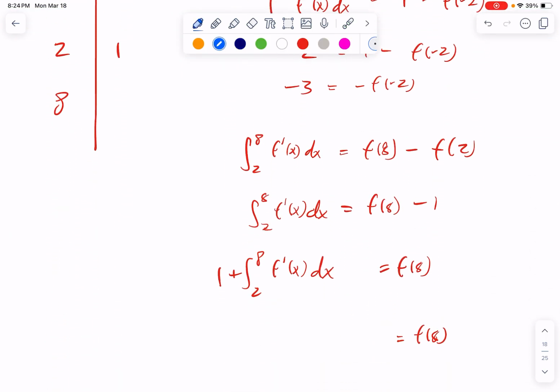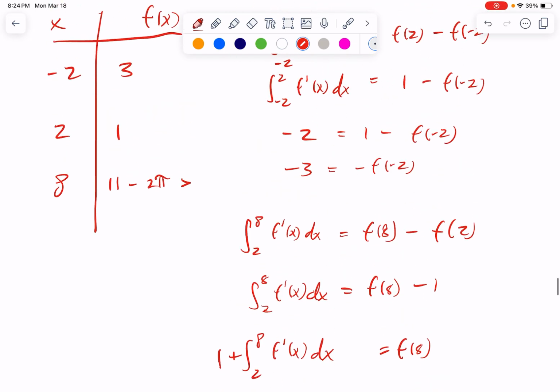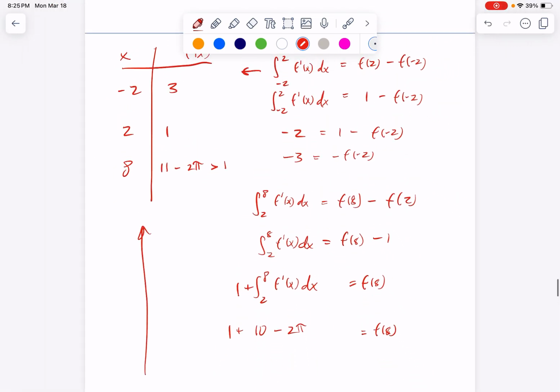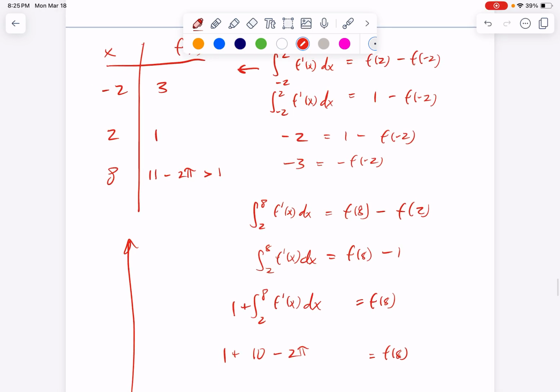I know I'm doing this maybe not in the best way. So f of 8 is 11 minus 2 pi, which even with a rough estimate is bigger than 1. Because remember, we're trying to find the minimum. So we have checked all of the relevant places. We checked the endpoint on the left, we checked the only local minimum, and we checked the endpoint on the right.